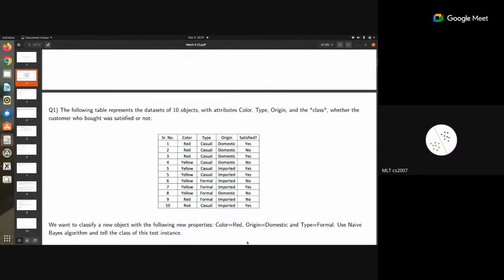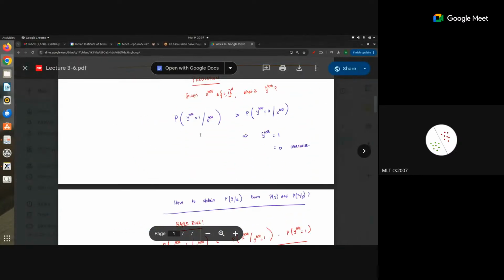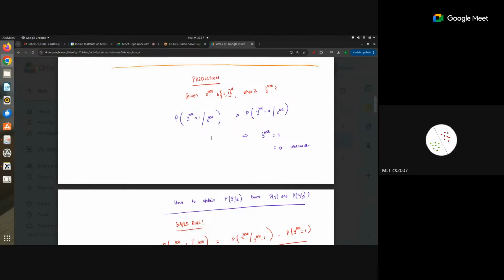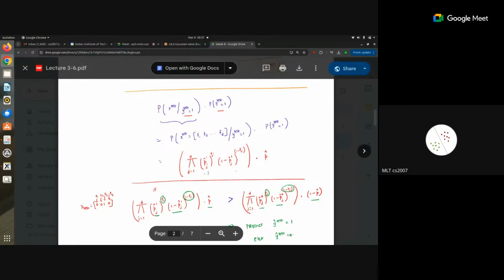We need to find out, if X test has color red, origin domestic, and type formal, what is the class for the test instance? What does the algorithm tell us now? We'll have to find out this probability, possibly with this product.